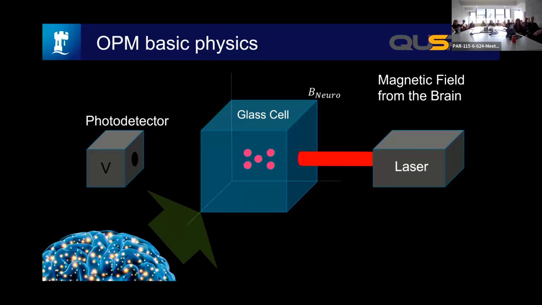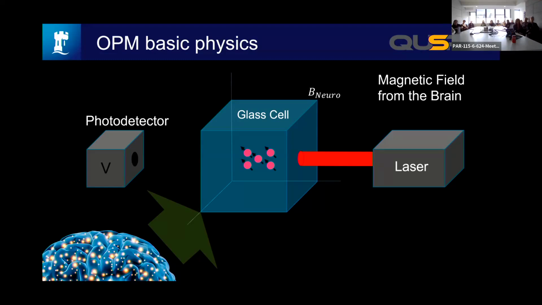Bring the brain close. Now this gas of atoms that's in our cell is magnetic because they're all pointing in the same direction. So if a magnetic field passes through it, they're going to wobble. So they wobble like that. And what that means is, we use the laser light to align them.